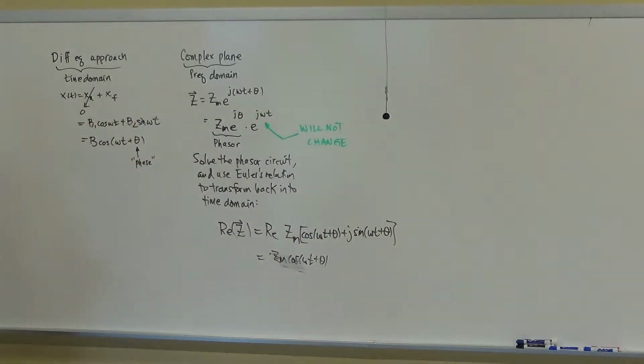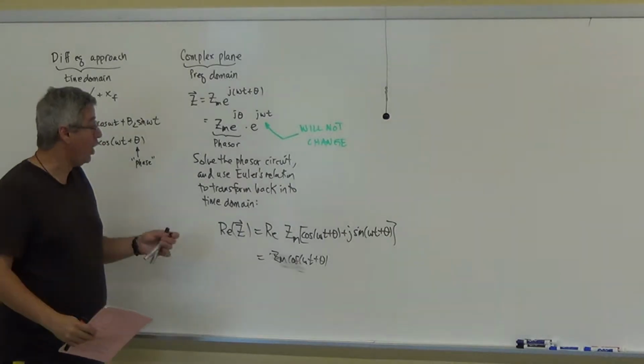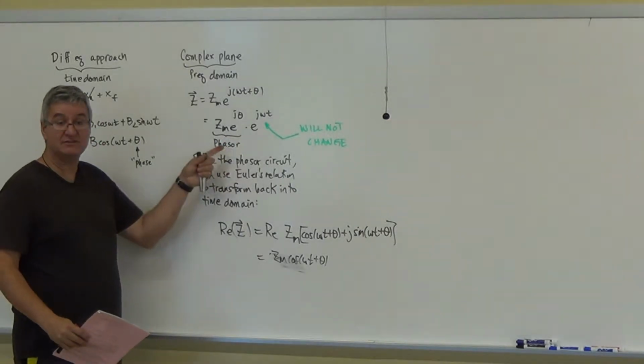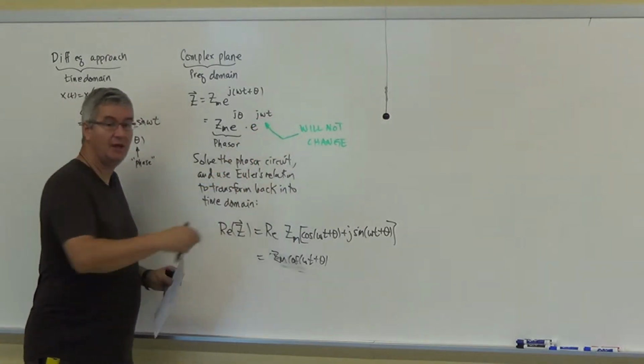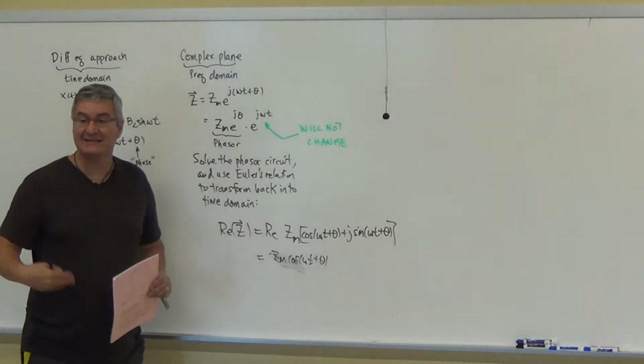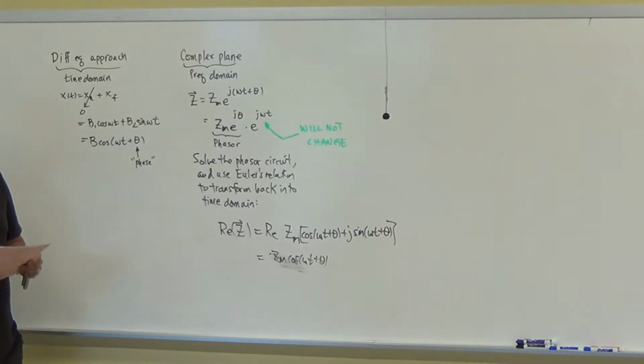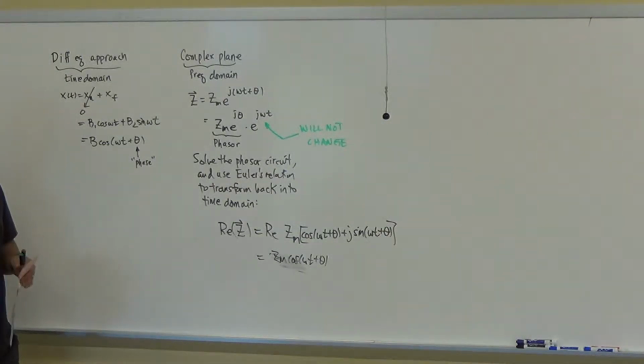So we're only going to focus on the phasor, and then we take this term and put it in by hand at the end. That makes the calculations move very, very quickly this way. So that's where we're headed. So the question is now, how do I get to a phasor circuit?